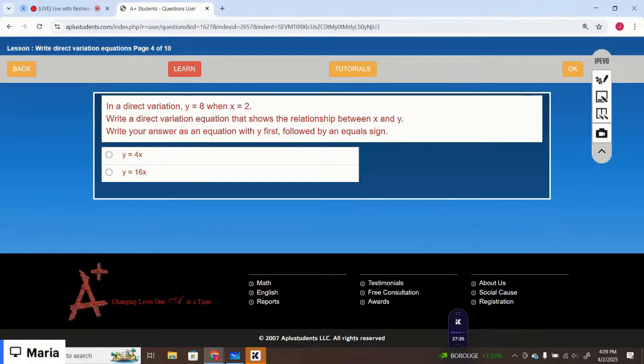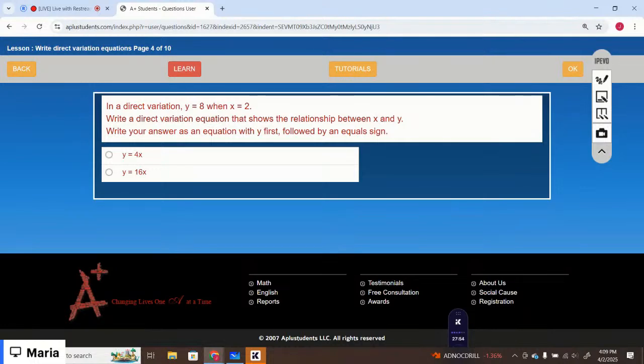In a direct variation, y equals 8 when x equals 2. Write your answer as an equation with y first followed by an equals sign.